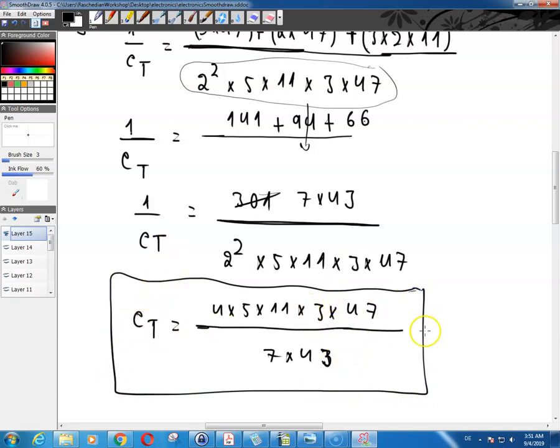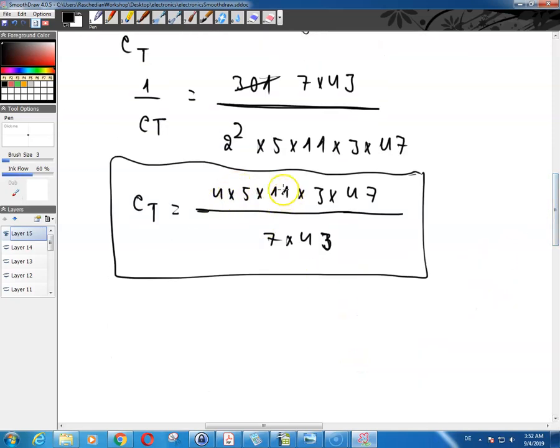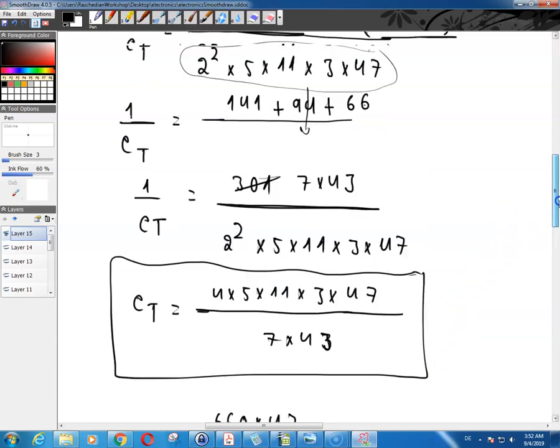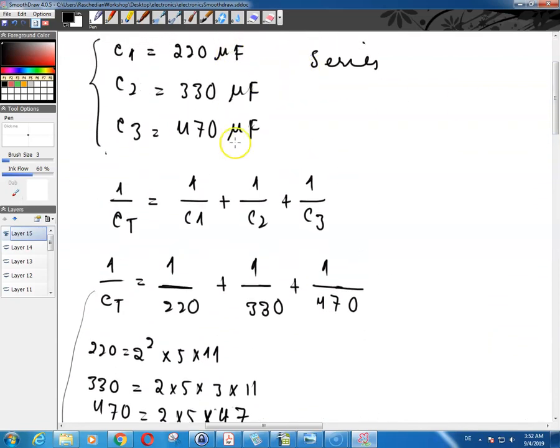Now if you were to calculate this, of course this would be something like 220 times 3 is equal to 660 times 47 over 7 times 43, which is equal to something about 103.0406, and the unit is, I suppose, in microfarad, because everything was in microfarad to begin with.